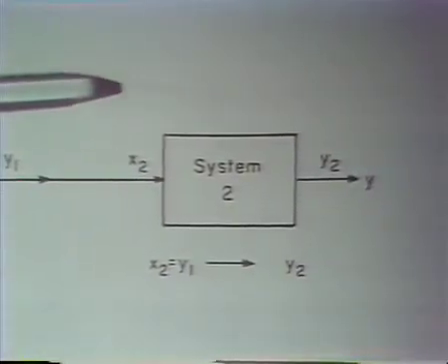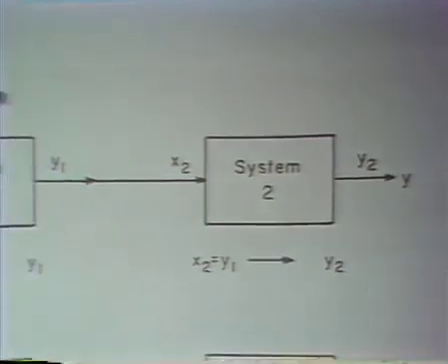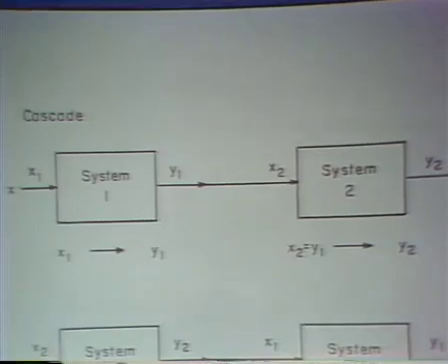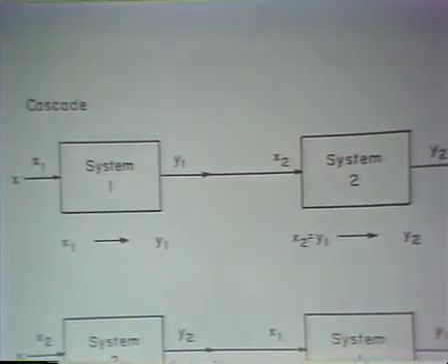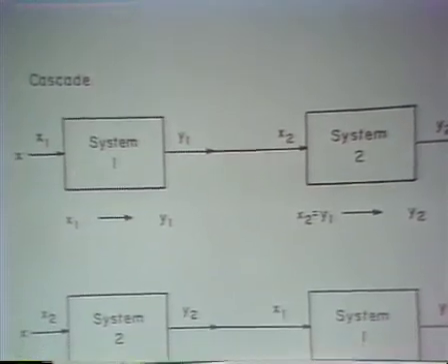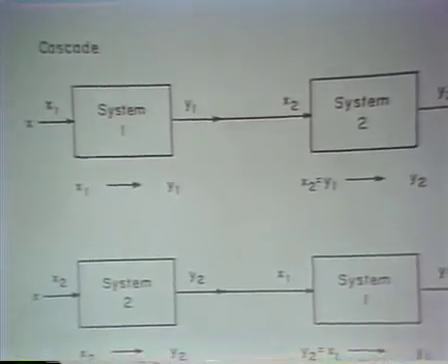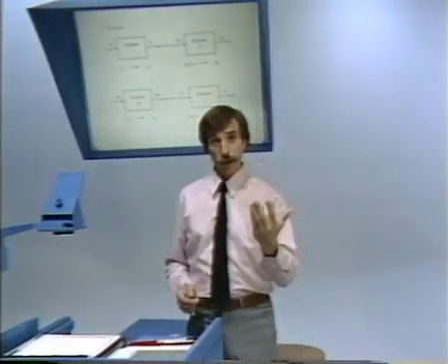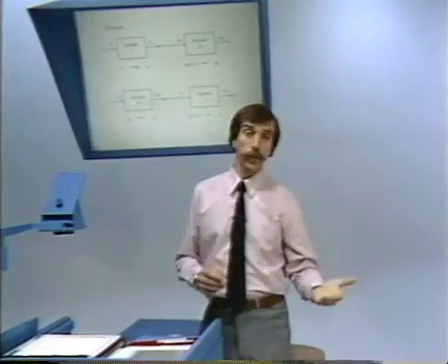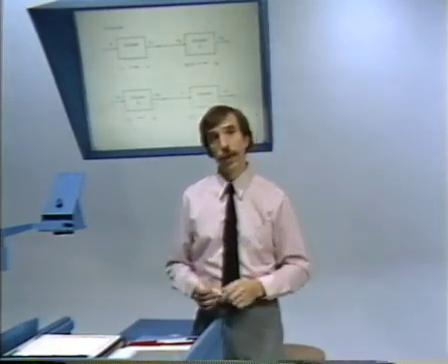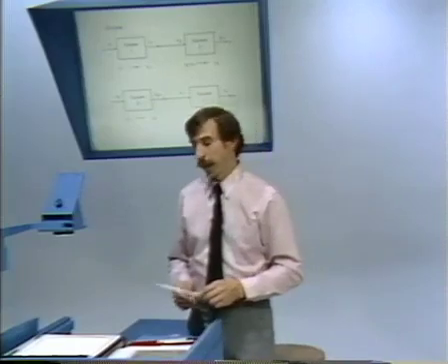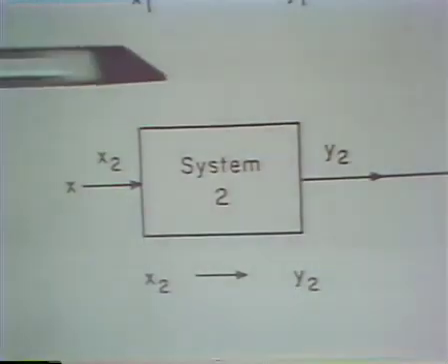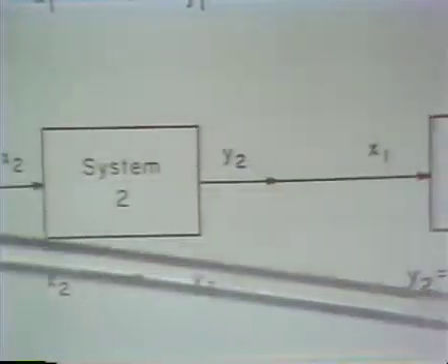So in this cascade, with system 1 first and system 2 second, we have the output of system 1 going into the input of system 2. Now, we could, of course, take those two systems and cascade them in the reverse order, namely take the output of system 2 and put it into the input of system 1. And I've indicated that here. We have system 2 first in the cascade, followed by system 1.